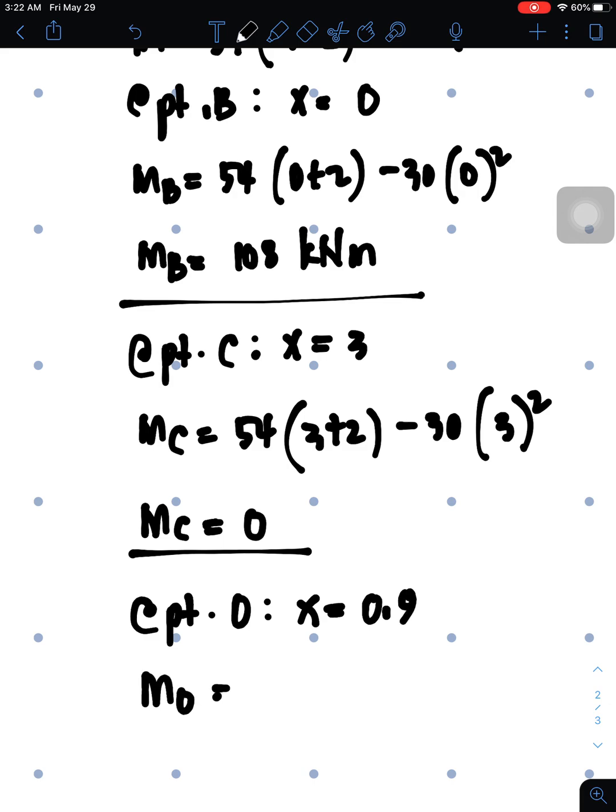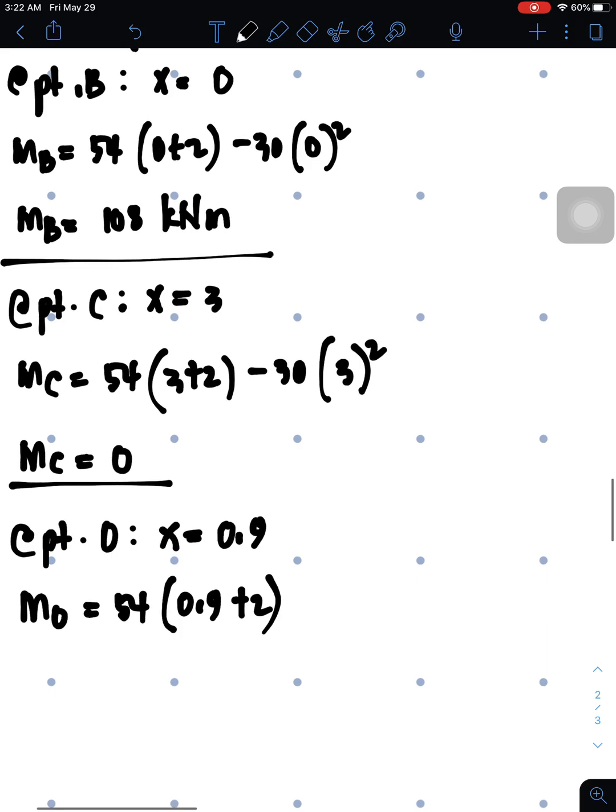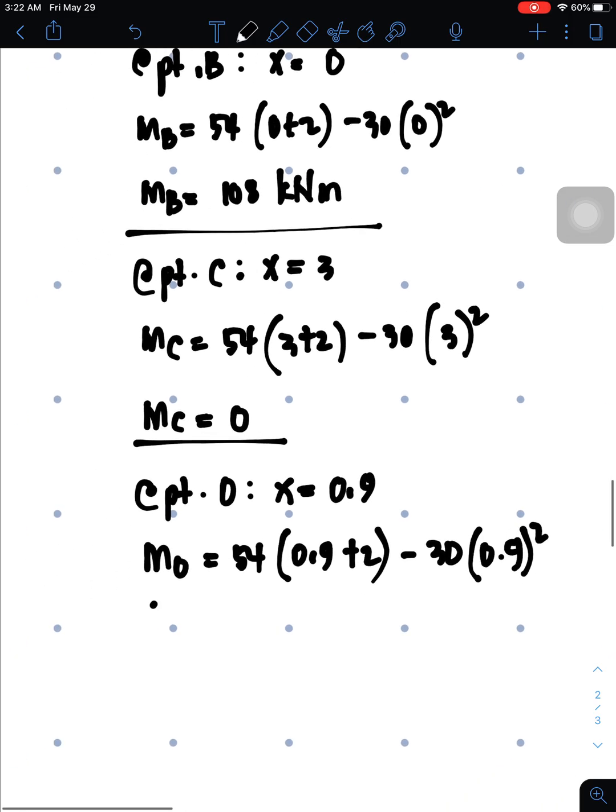So MO is 54 times 0.9 plus 2 minus 30 times 0.9 square. So MO is 54 times 2.9 minus 30 times 0.9 square. The value is 132.3. This is kilonewtons meter.